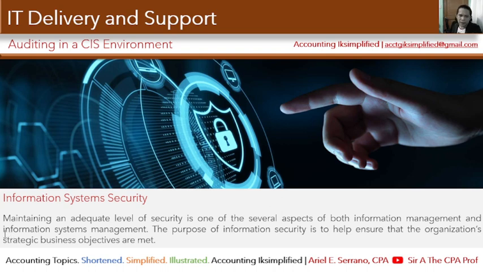Ngayon, basahin ko lang sabi dito, maintaining an adequate level of security is one of the several aspects of both information management and information systems management. First, management of information. Pangalawa, management of information system.